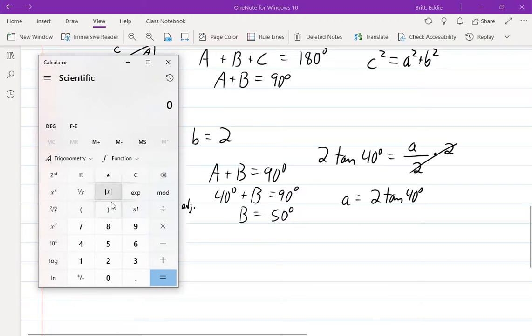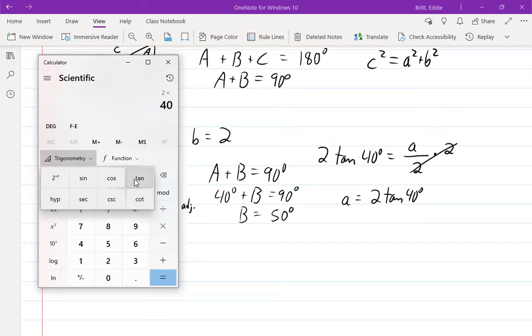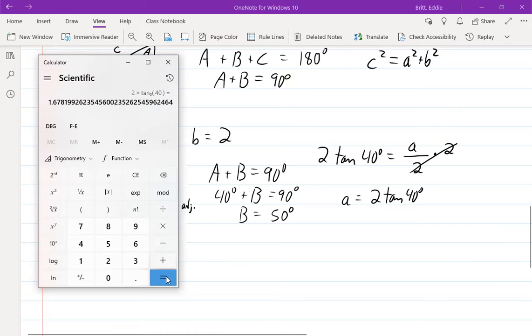So the way that I use the Windows calculator is different from other calculators. If you have a TI calculator, you can actually push the tangent button before you put in the 40 degrees. But this calculator, I have to put in the 40 degrees before I push the tangent. So it's 2 times, and then I have to put 40, tangent, equals.